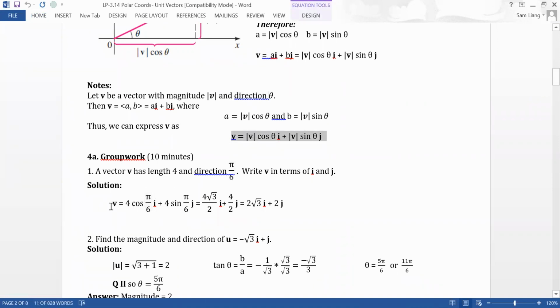So v equals 4, that's length 4. Another word for length is magnitude. So 4 cosine pi/6 i plus 4 sine pi/6 j. At this point, you just evaluate: cosine pi/6, or cosine 30 degrees, is √3/2. Sine 30 degrees is 1/2. So you're going to end up with this. Simplifying, you get 2√3 i plus 2j. Okay, that's number 1.